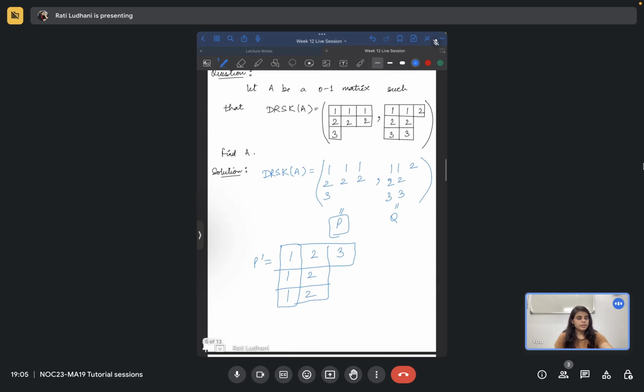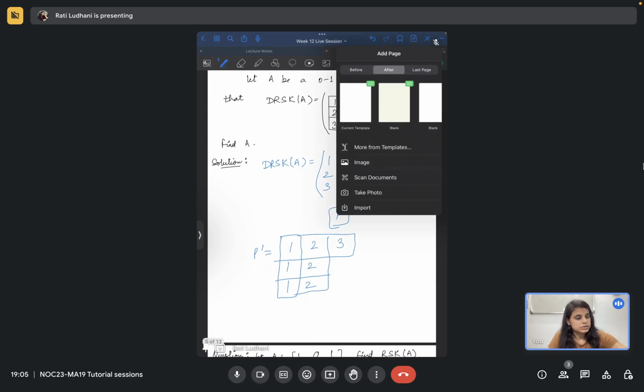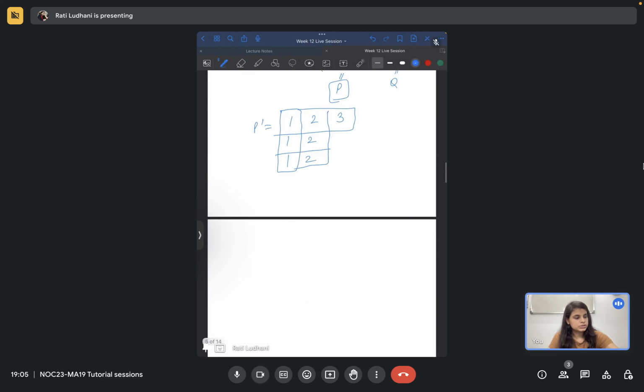And the Q, you know, I'll write Q once because we need to look at P and Q and find out what we need.